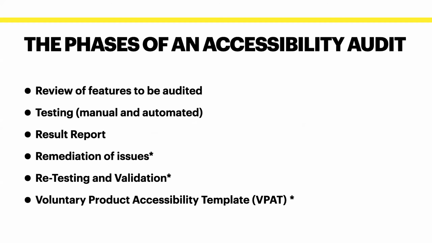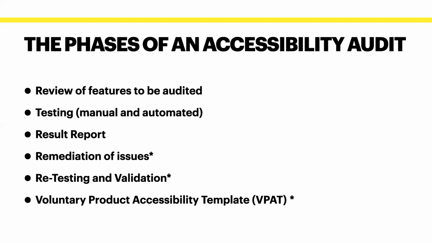These are the phases of a typical accessibility audit, especially with an external vendor. It may not look like this for every audit, but this is how I usually find it breaks down. You have a review of features to be audited, and it can be partial, where you take a sampling of pages, or full, where you audit every single feature or part of your application or site.